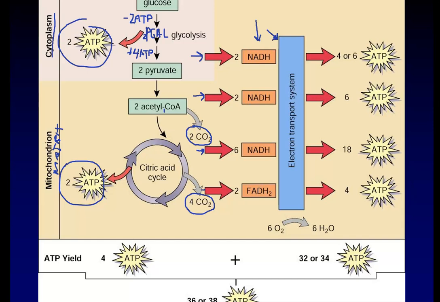And this is where we would need that oxygen, okay? Because we said that the oxygen's job is going to pick up the energy-spent electrons and the hydrogen ions in order to create water. So we know that O2 is being reduced in order to form water on the opposite side of the reaction, okay?